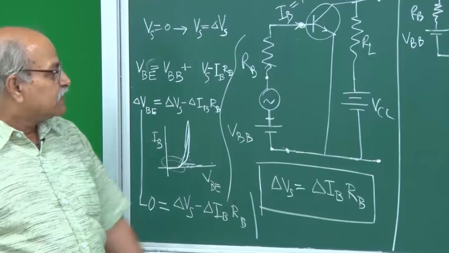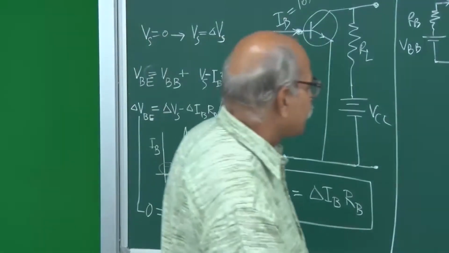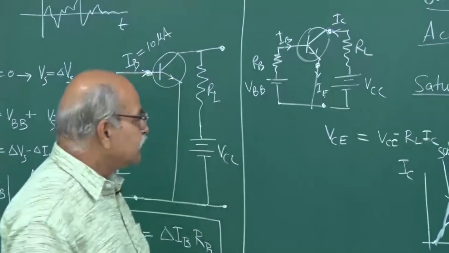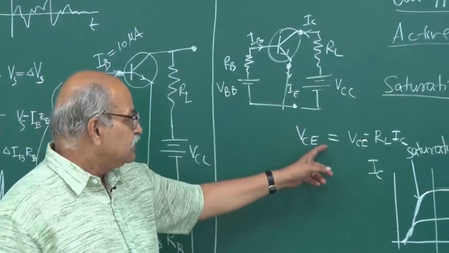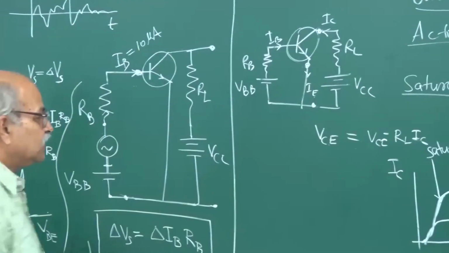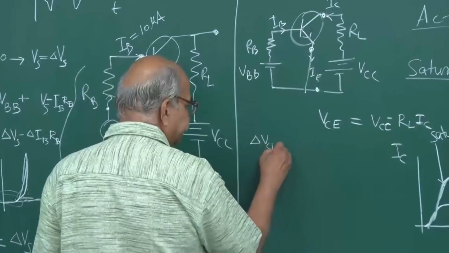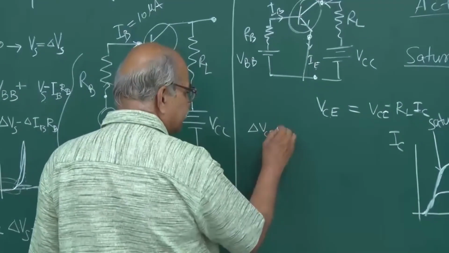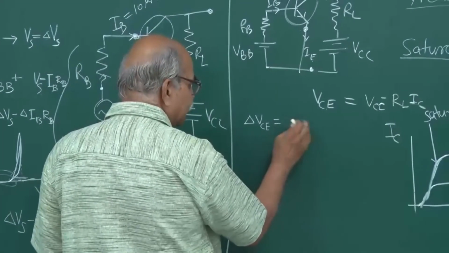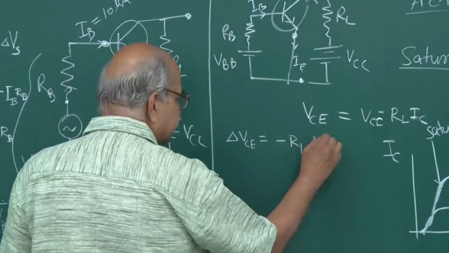Now let us look at what happens on the output side. For this we already have this equation: VCE is VCC minus RL IC. So if I write delta VCE, and remember VCE is your output voltage, it is delta VCC, which is 0, and then minus RL, which will remain there, and delta IC.